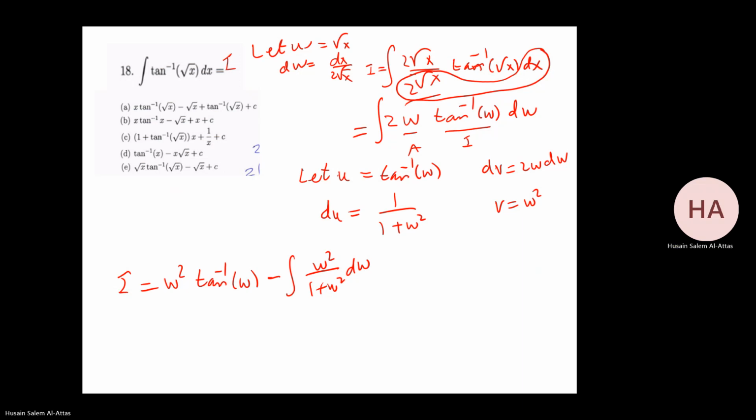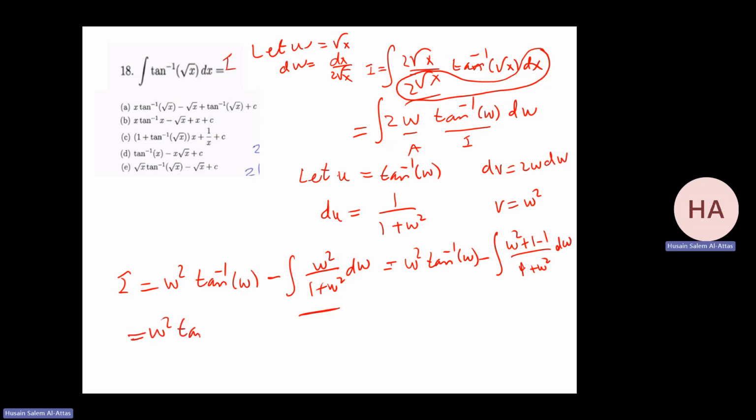This one you can do by long division, or you can do this trick: it's w squared tan inverse of w minus, I can add 1 and subtract 1. It's actually like what we are doing in long division.